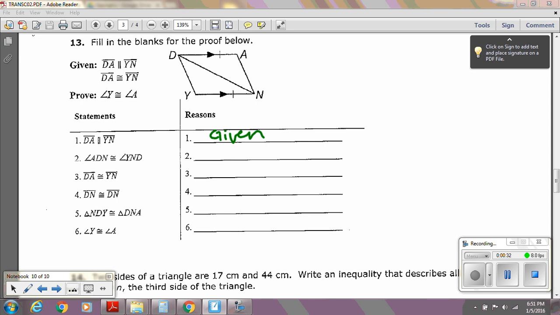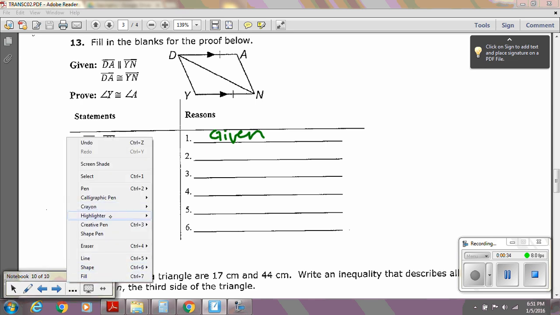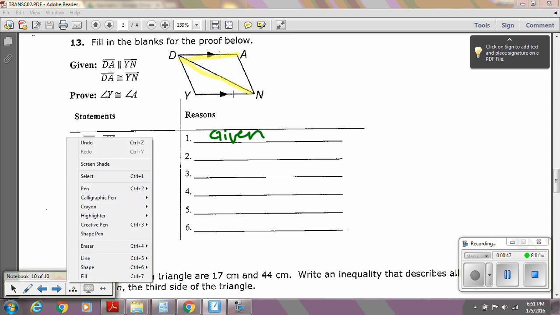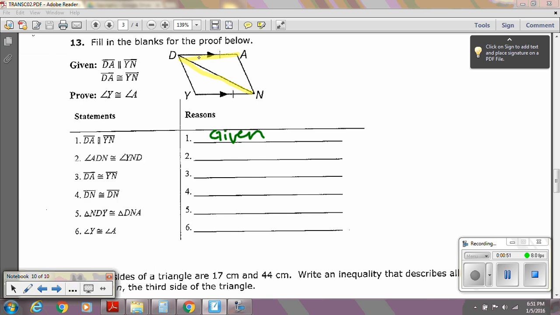Then it tells us that angle ADN, so let's highlight that. Start at A, trace D, and then go to N. So the middle is always the vertex. So here's the vertex. ADN is congruent to YND, which is here.